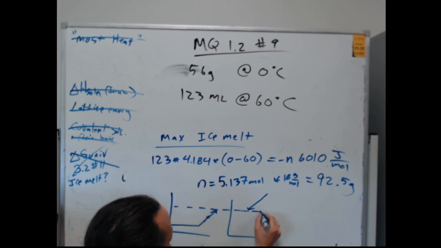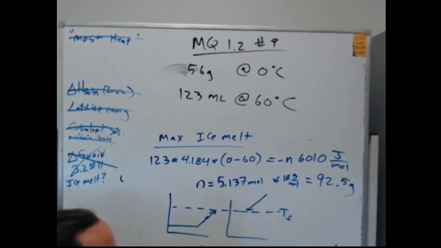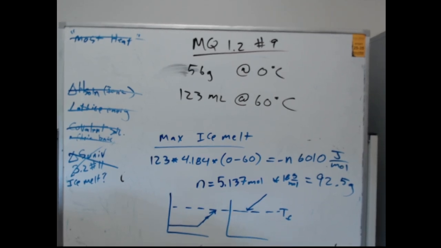And these two things should end up at the same T final. This is going to be a weird way to say it, but I'm going to have about 40 grams of ice melting worth of leftover energy.